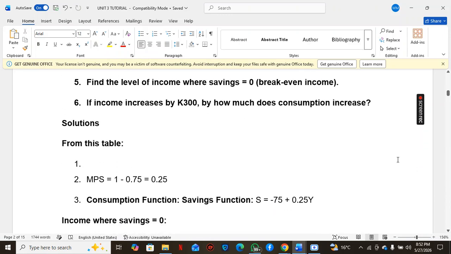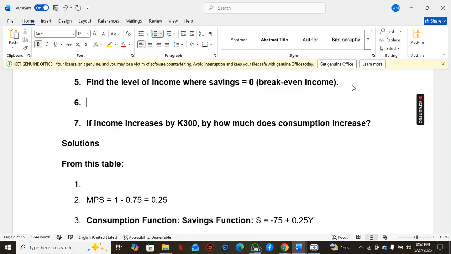Now, find the level of income where savings equals zero.